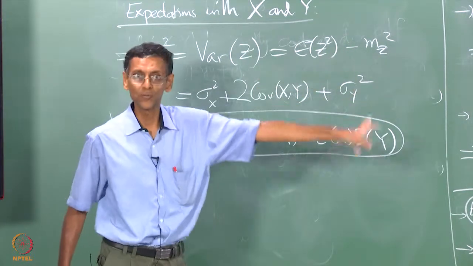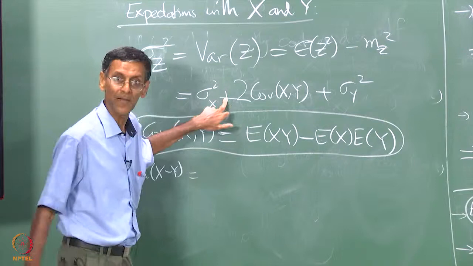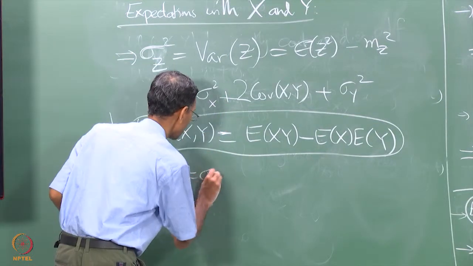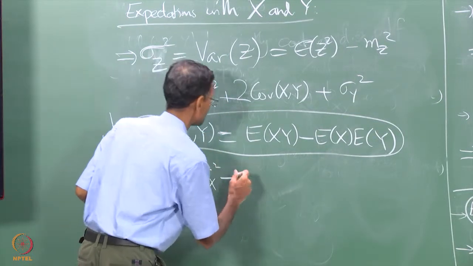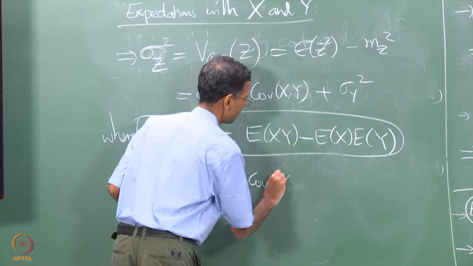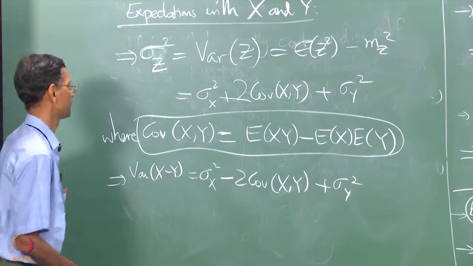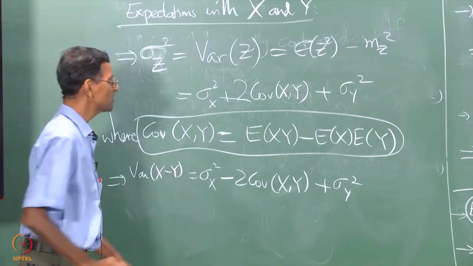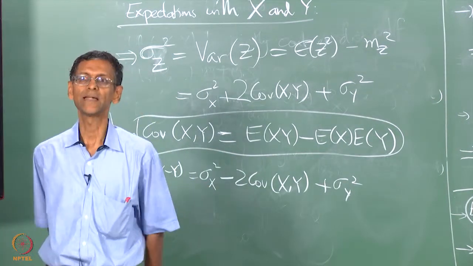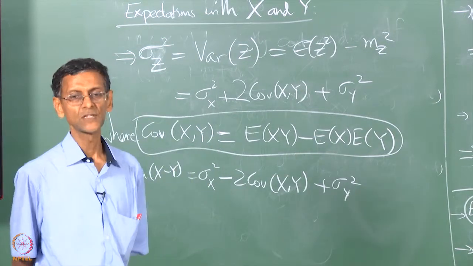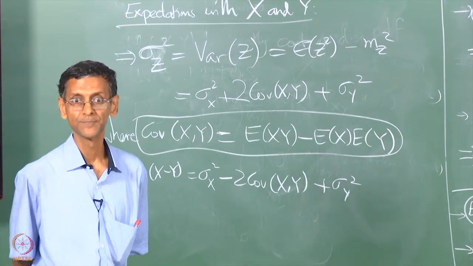Please go back, do the derivation, you will see only this term becomes a minus. So this becomes sigma x squared minus 2 covariance xy plus sigma y squared. So using this covariance idea, you can write out not only the variance of the sum, but also the variance of the difference.